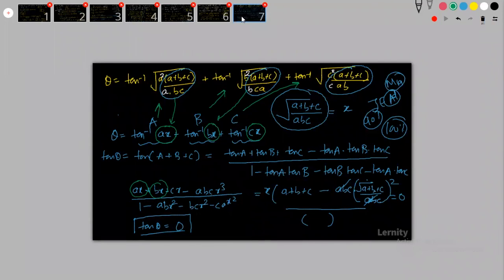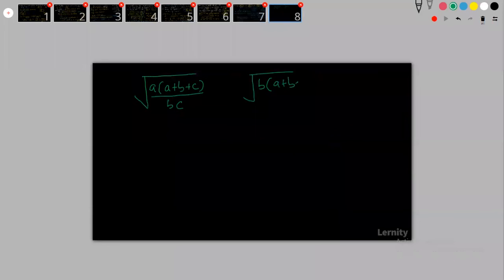So instead of that, what I did was I made the terms somewhat similar to each other. How can I make the terms somewhat similar to each other? See, in the first part, under the root of (a plus b plus c) by bc. In this denominator, and this under root of (a plus b plus c) by ab.